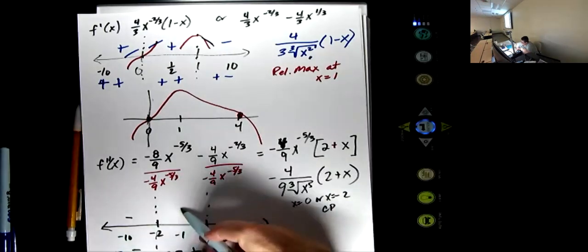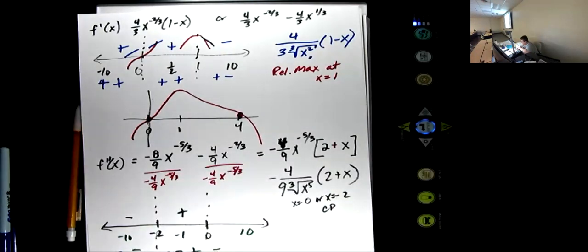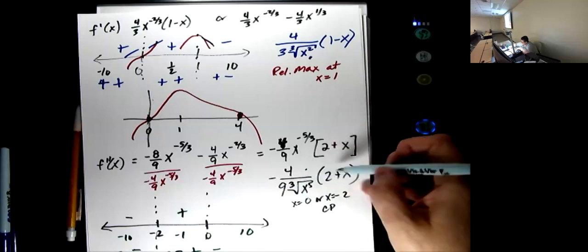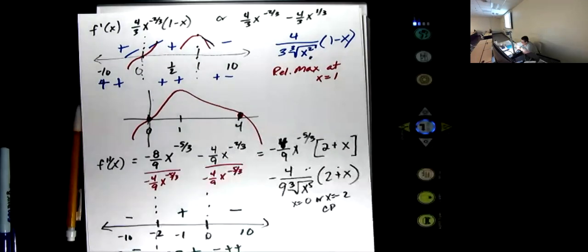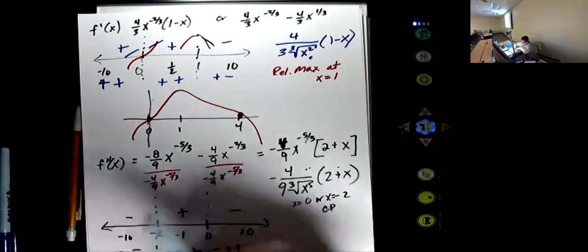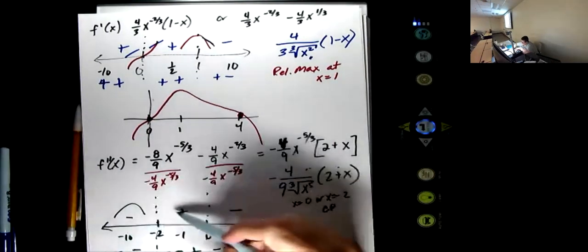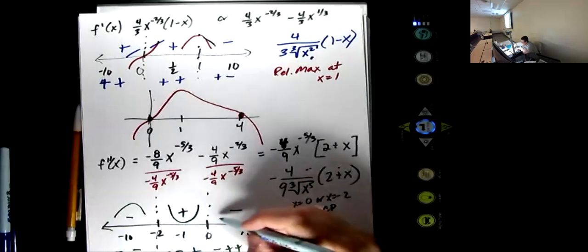So this is a positive region. And if I stick in a positive number, both of these are positive. So we only have the negative sign out front. This is a negative. So we're concave down there, concave up here, concave down there.